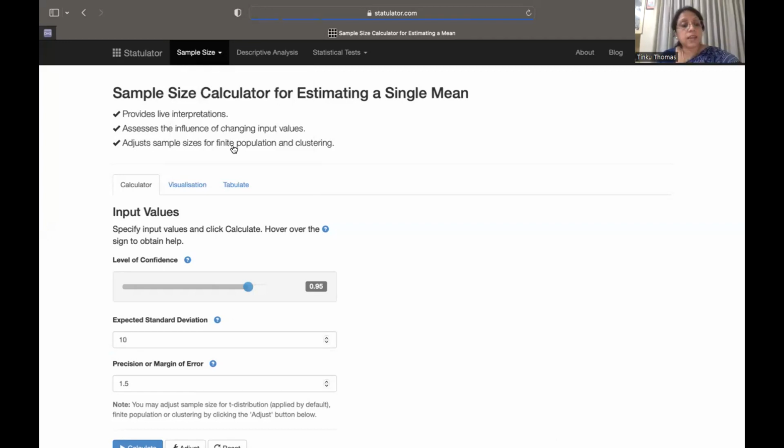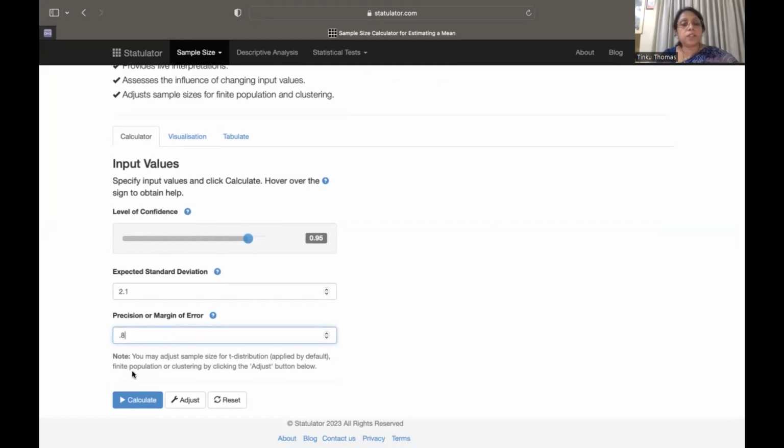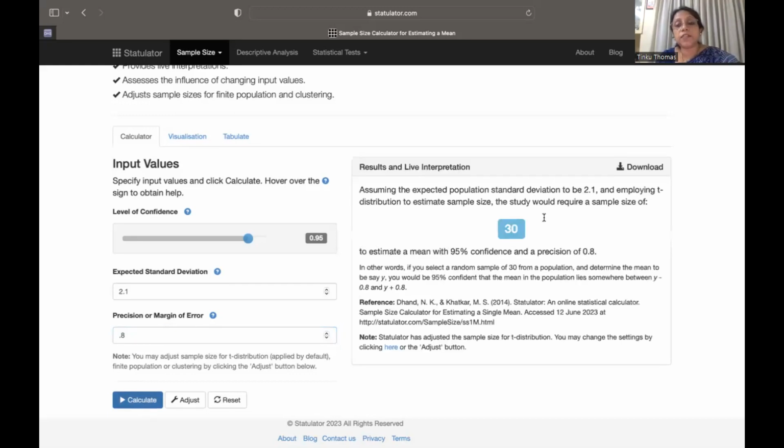And I said I am permitting an error margin of 0.8, which is approximately 10% of the mean. So for that error margin, I need a sample size of 30 subjects. So I need to do the study only in 30 people to have an estimate of the mean hemoglobin.